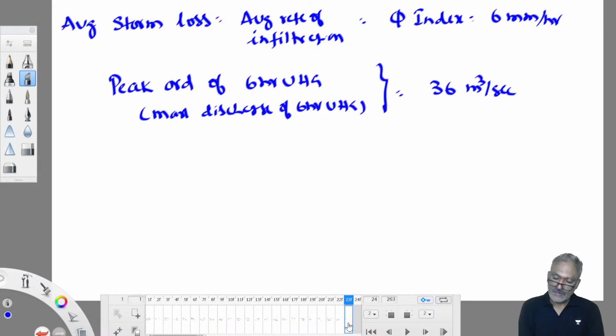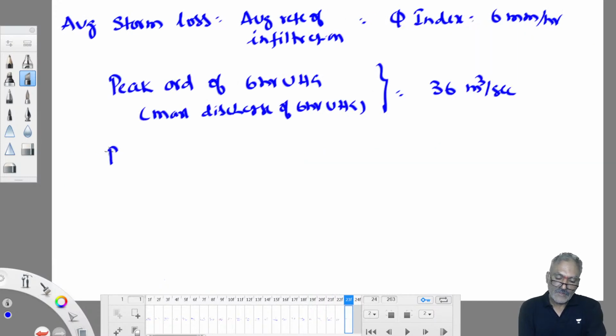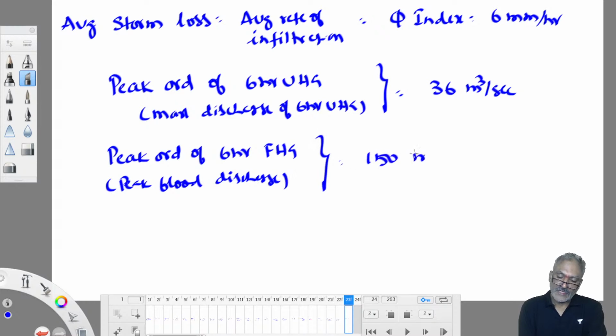He has also given in the question that the peak flood observed due to the 6-hour storm is 150, that is, the peak ordinate of the 6-hour flood hydrograph, the peak flood discharge in the river. This is given as 150 cubic meters per second, and base flow is given as 6 cubic meters per second.